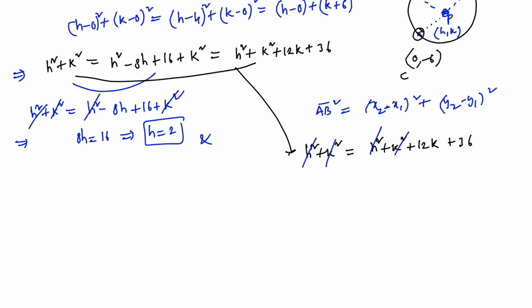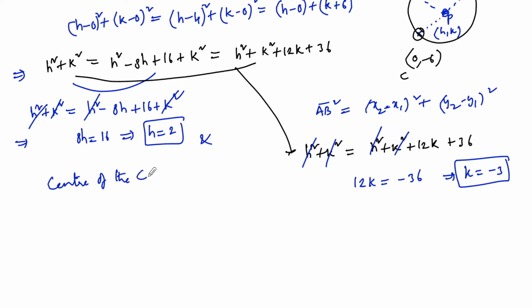So we have 12K is equal to minus 36, or we can write K is equal to minus 3. So we got H, K, the center of circle. Therefore center of the circle is (2, minus 3). 2, minus 3 is the answer.